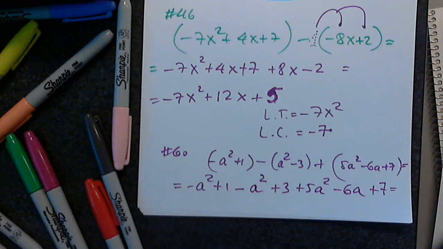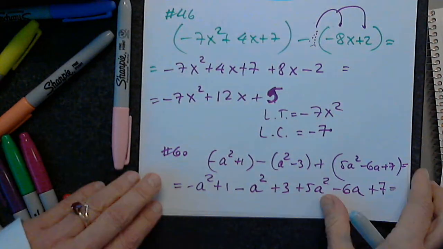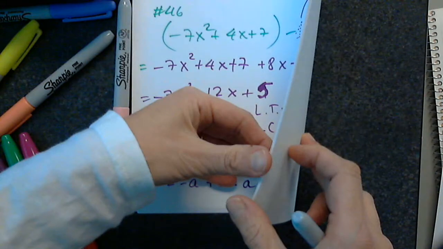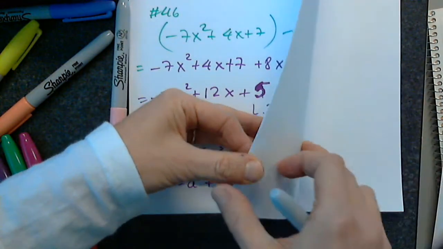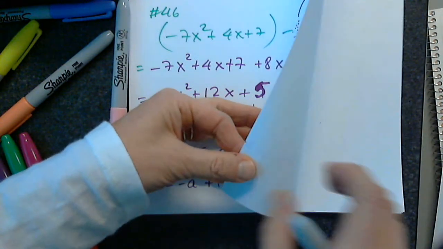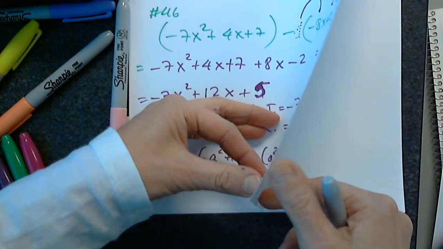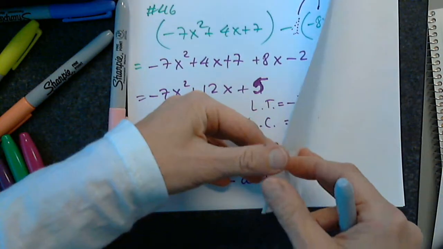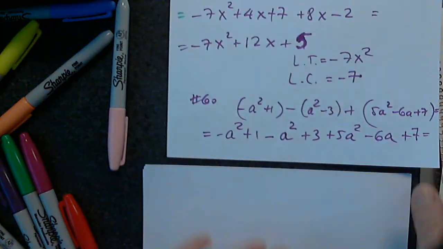Are you with me on this one? Okay, so then I'm looking for the degree first, and based on that, I start arranging it in descending order and combining like terms at the same time.